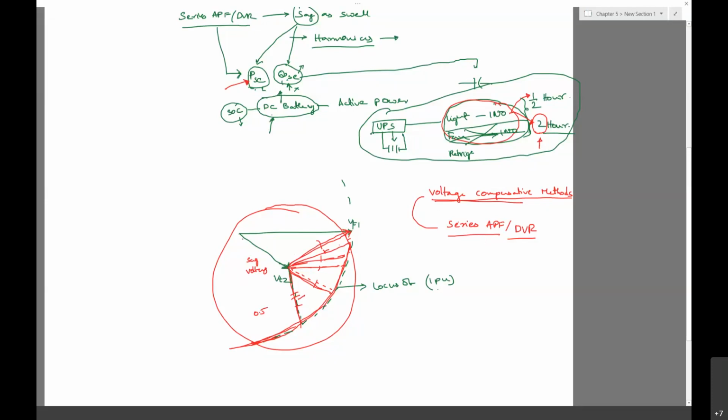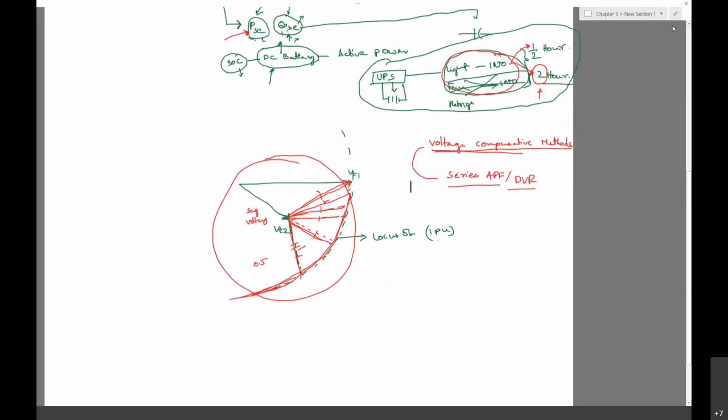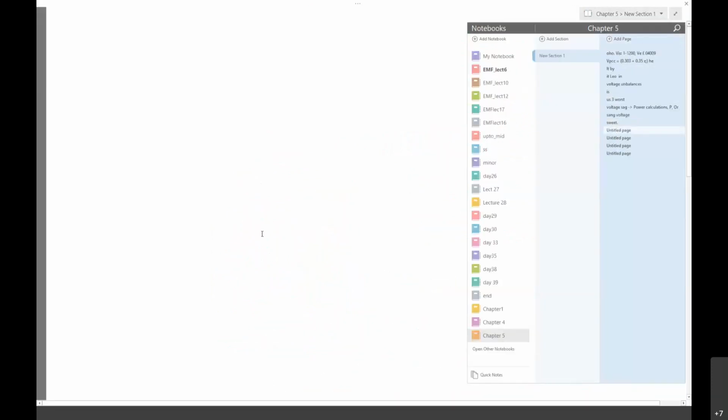In the last class, we have seen this particular VT. This is VT1, and there is a sag voltage, this is VT2, and with respect to this, the current is IL.